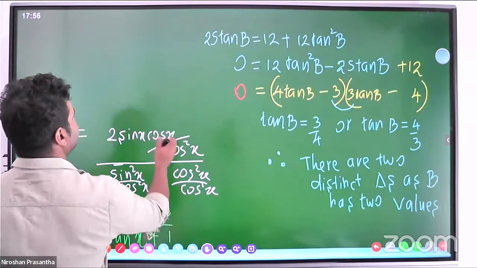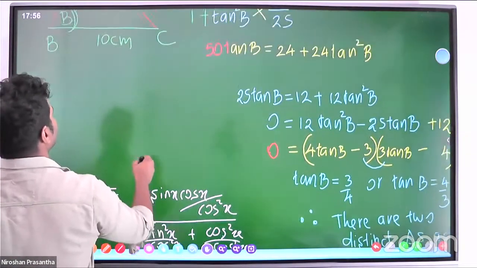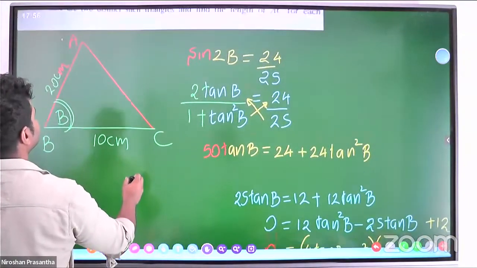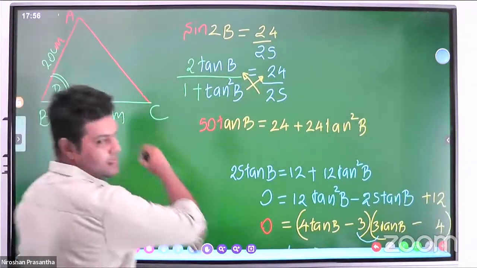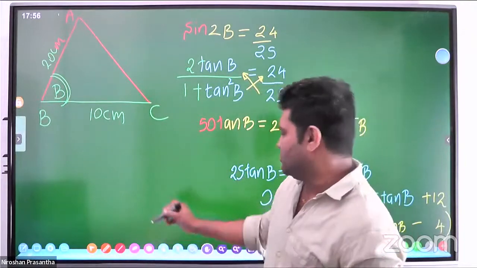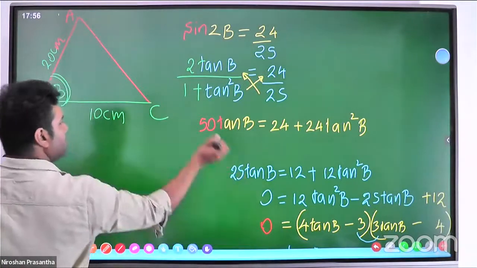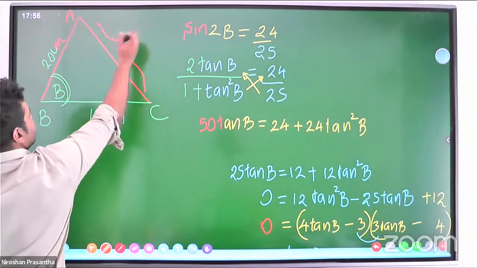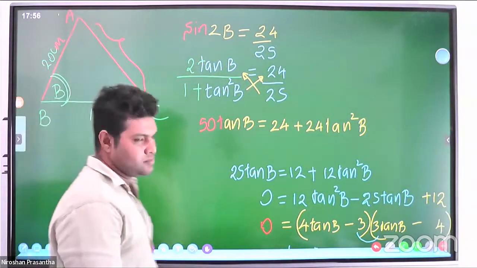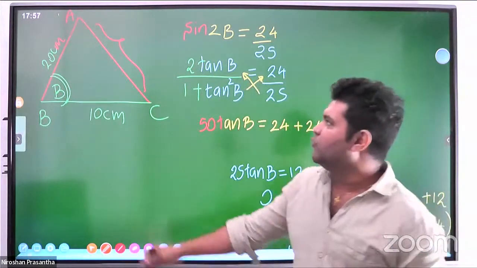Well, how to find this one? With respect to this one, look at this. We have to find the value of AC. AC where? How to find the AC distance?